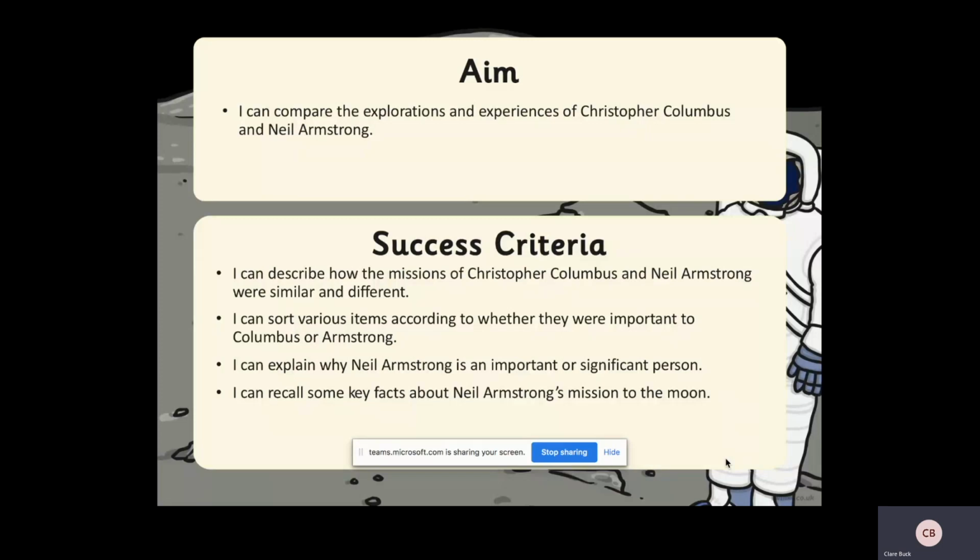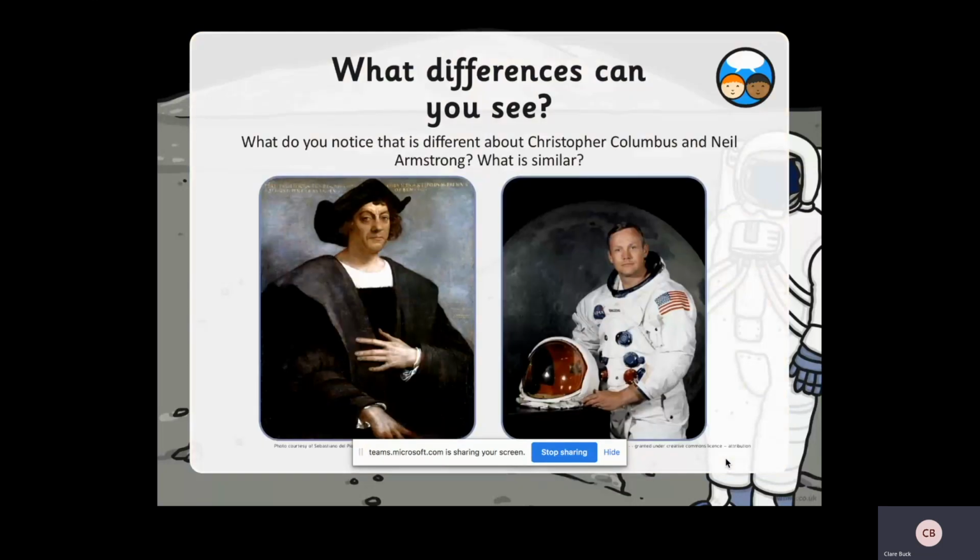And then you're going to do an activity where you sort various items according to whether they were important to Columbus or Armstrong. So take a look at these two pictures. And what is the first thing that really strikes you about them that is different? They're both men.